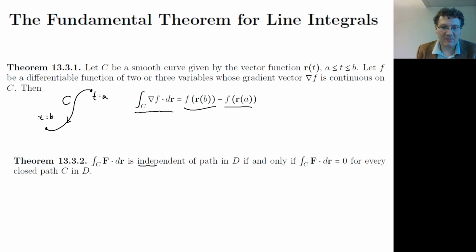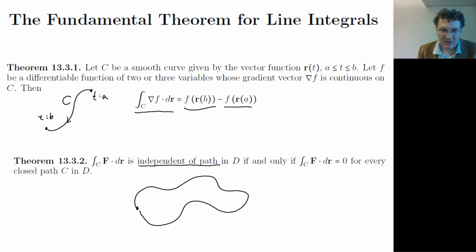We say that a line integral is independent of path on some domain D if and only if, for every closed path in D, the line integral is always going to be 0. So you can see what that means. Here's one closed path, C1.